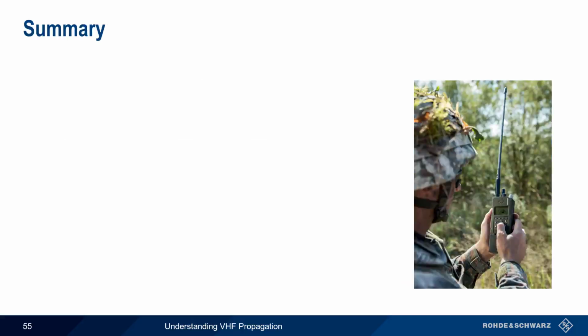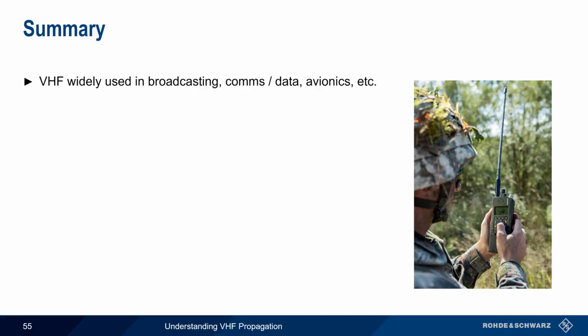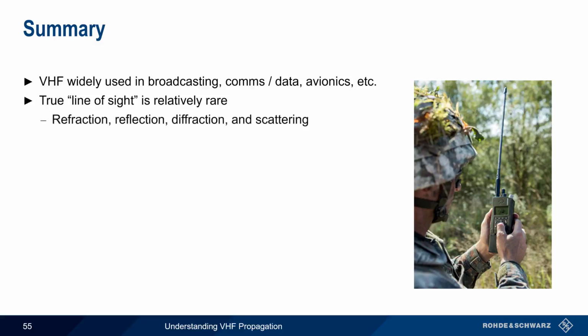So in summary, VHF is widely used in broadcasting, in voice and data communications, in avionics, and even for some types of radar. Although many people believe that VHF propagation is mostly line of sight, true line of sight propagation is in fact relatively rare in terrestrial applications. Signals at VHF normally experience refraction, reflection, diffraction, and scattering, with these effects often increasing with distance.